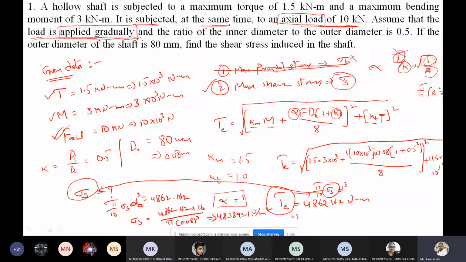So if you shift this decimal here, 1, 2, 3, that is 48.38. How much? Mega Newton per meter square. That is sigma s.